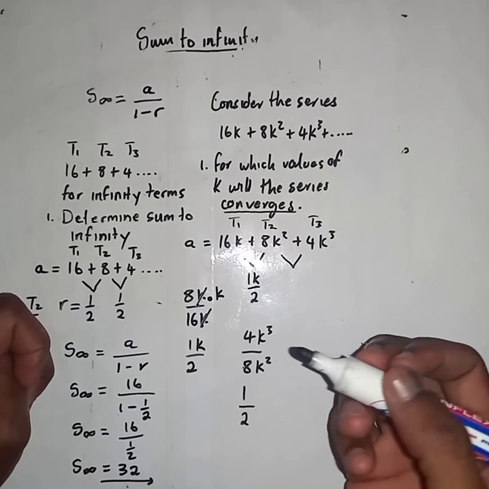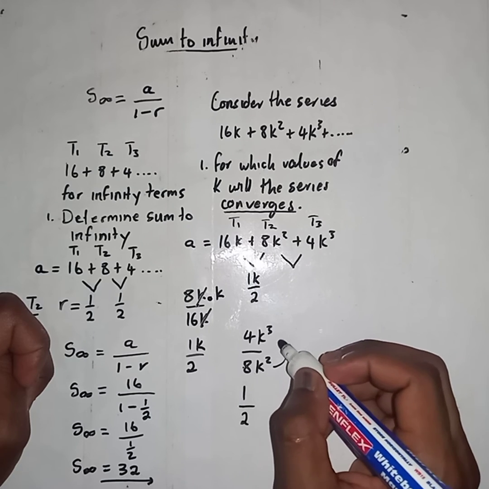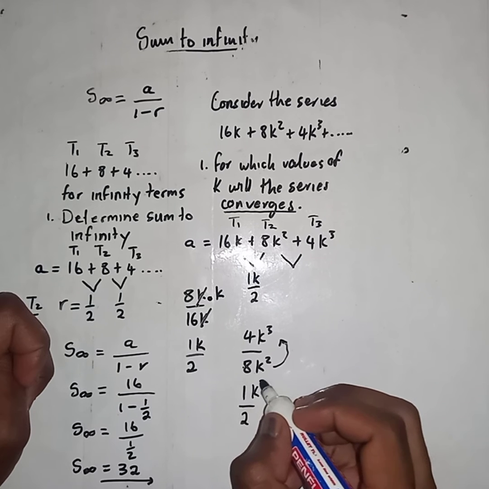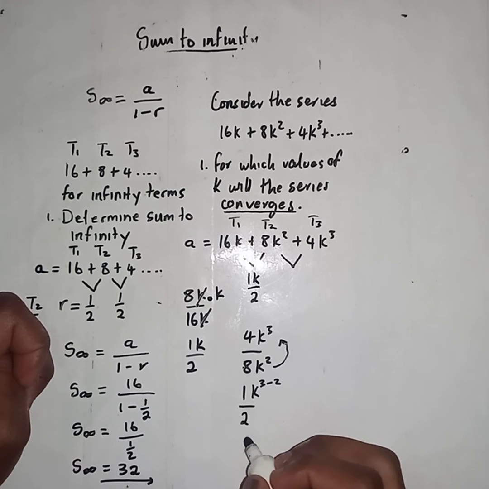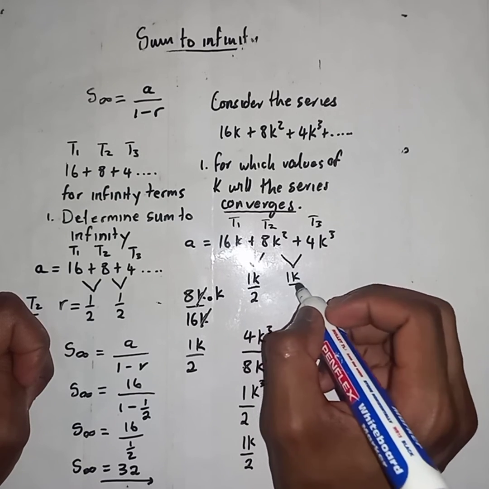Or you can just use the law of exponents by taking this one to the numerator: k to the power 3 minus 2, which is 1k, divided by 2. Same, k divided by 2.